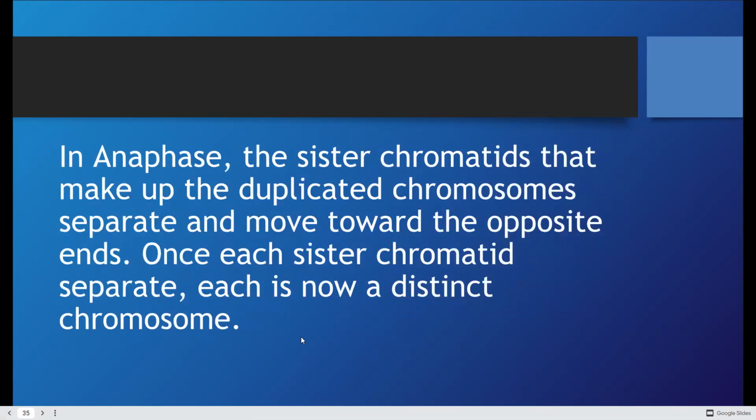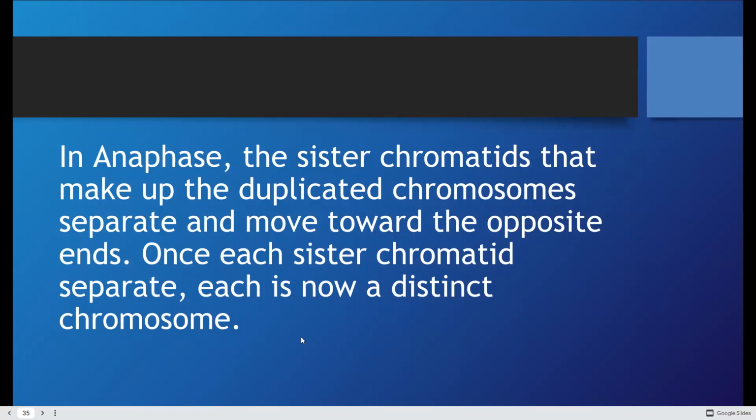In anaphase, the third phase of mitotic cell division, the sister chromatids that make up the duplicated chromosomes separate and move towards opposite ends. They are actually pulled by the spindle fibers, away from each other.